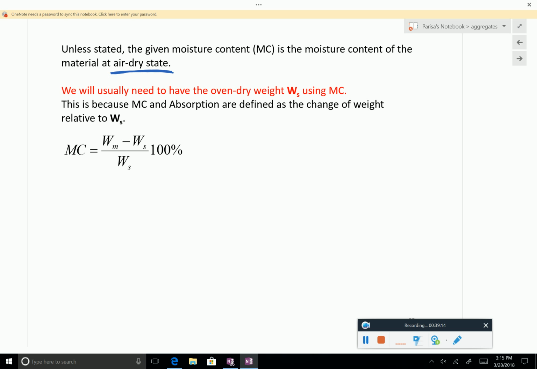That's where we have to first start. So let's first calculate the weight of the fine aggregates, the oven dry weight, Ws.